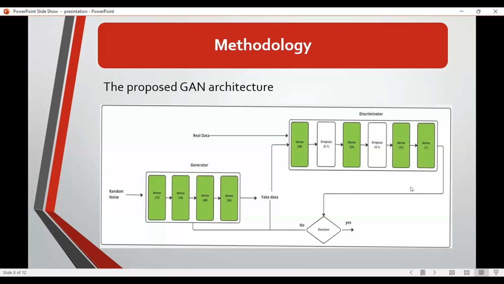And the second neural network is the discriminator. It's responsible for discriminating between real and fake data by taking the input from 2 sources, real data and fake data.